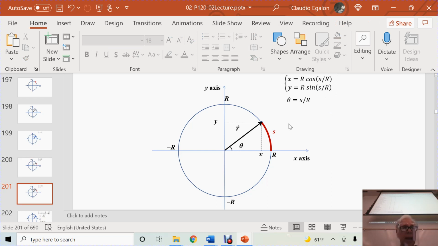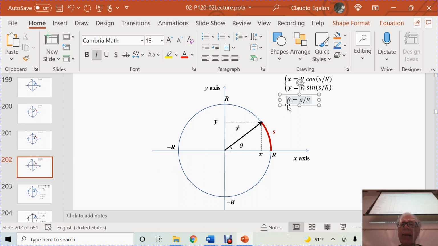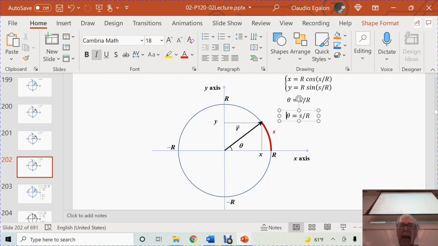In the next step, we are going to use the fact that this particle is moving with constant speed. How do you do that? To say that the particle is moving with constant speed means that the arc length is equal to the speed times the time.